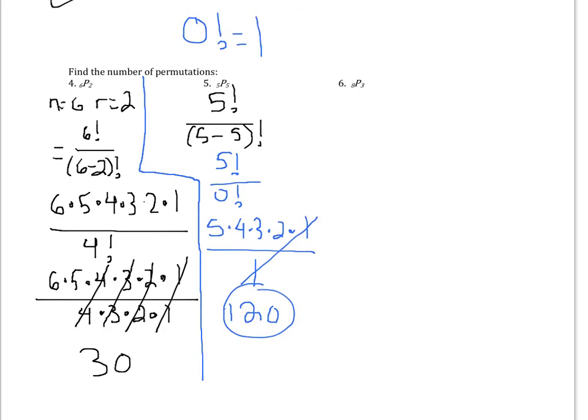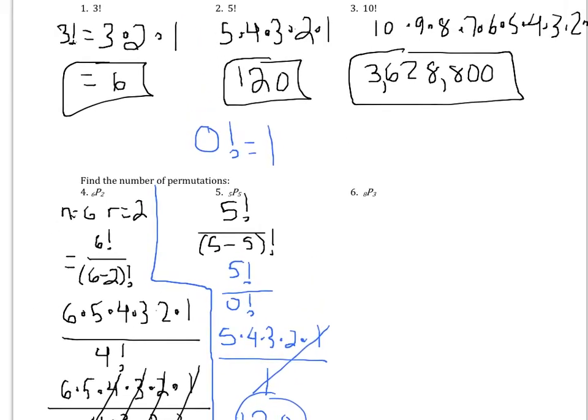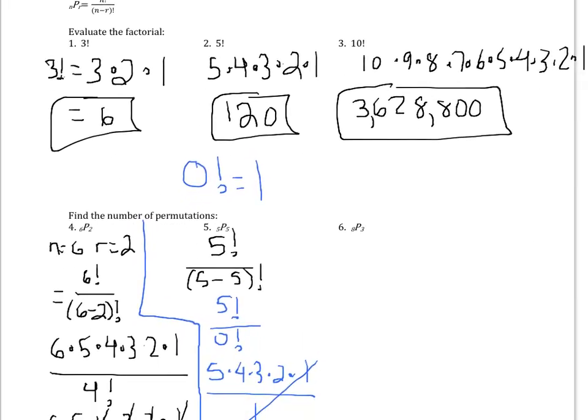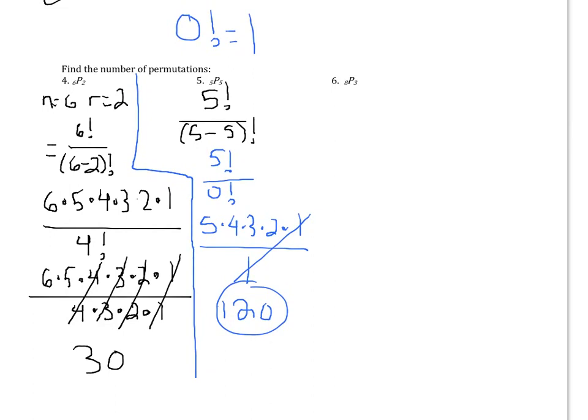Alright guys, after those couple examples, go ahead and press pause. Try to calculate the next one. Hopefully you wrote that down, but there's the equation again, so if you haven't, write that down. So you do 8 factorial divided by 8 minus 3 factorial.